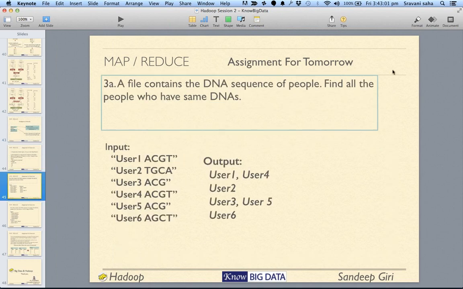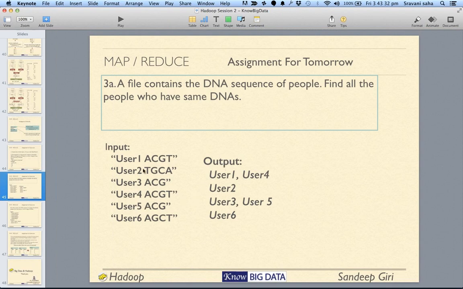Good. Now the next question to you is, there is a file that contains the DNA sequences of people in this format. There is a user one whose DNA sequence is given. ACGT is the DNA sequence, and so on. Now what I want is to bring all those people together whose DNA is exactly the same.